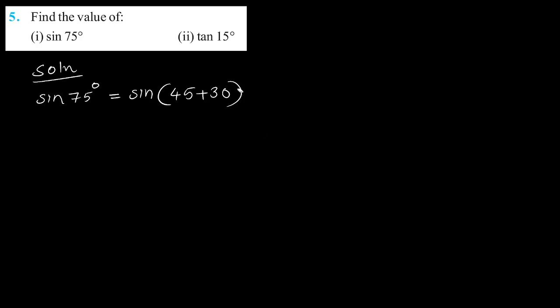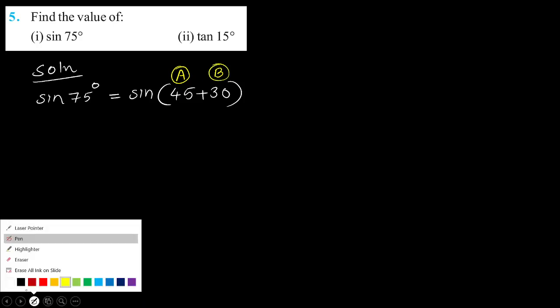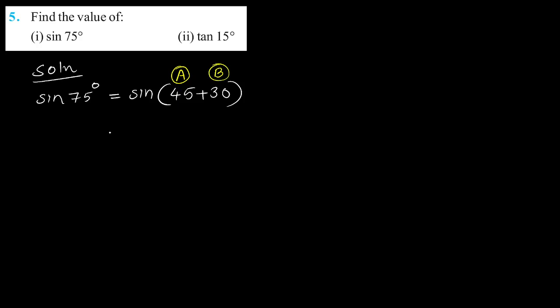So we can compare with the formula sin of A plus B. Understood? The first one is A, the second one is B. So sin of A plus B, what is the formula? Sin A cos B, correct?